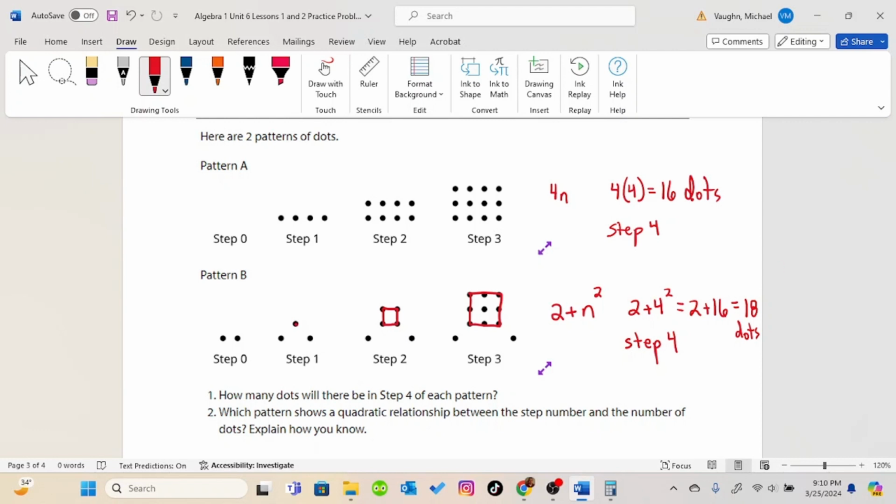That would be pattern B, because it can be found by squaring the step number and adding 2.